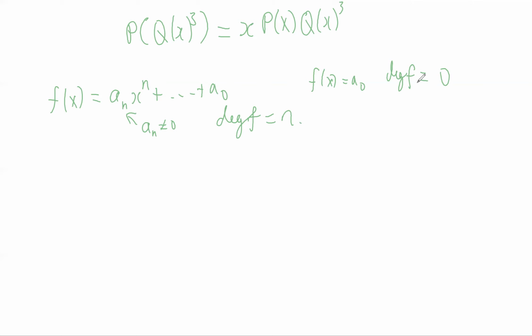So the only problem is what happens if f of x actually equals, so this is non-zero because of this part of the thing. What if f of x actually equals 0 for all x? It's a zero polynomial. Then the degree is defined to be negative infinity.